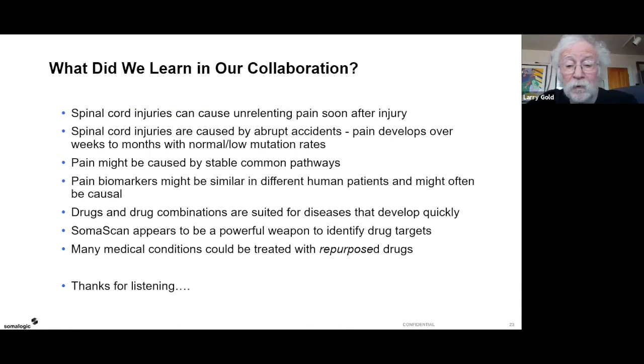And you have to wonder whether repurposed drugs or the new ones that will come from, say, the 45 or so of the 60 that don't have drugs, whether there will be enough clinical trial activity and development of new drugs to make this into something of value for people, even beyond spinal cord injury patients.